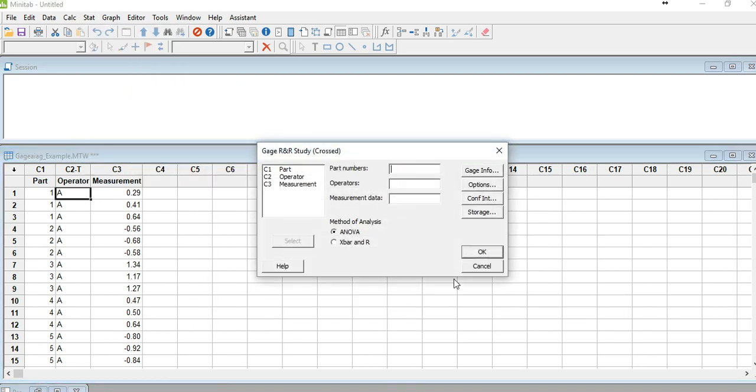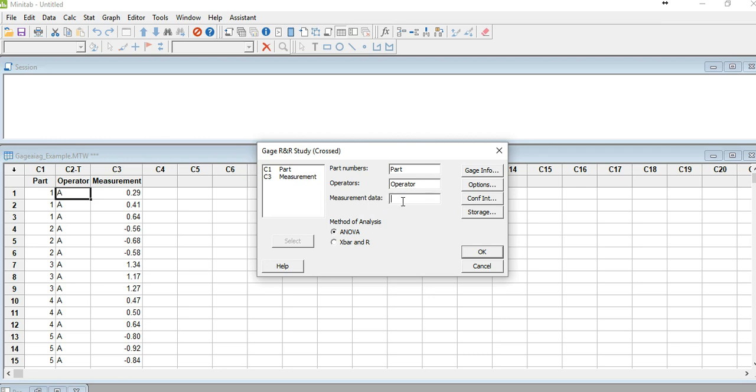Okay, now in this pop-up window, you can see the cursor is in the part numbers. You double click Part, the first column corresponding to part number, and then the cursor goes to Operator, and you double click Operator, so it is automatically entered.